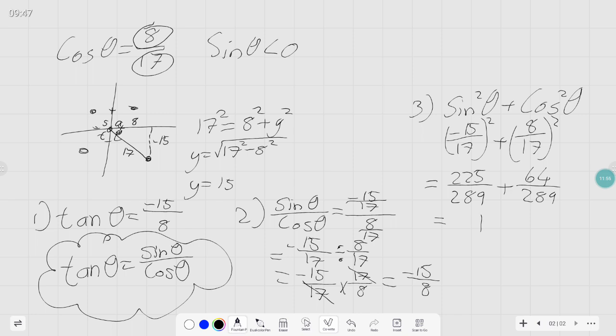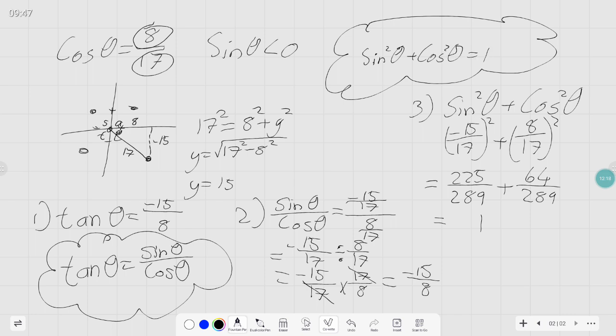So this is our next identity that comes into play. So these are the things we have to learn in grade 11. This identity is known as sine squared theta plus cos squared theta equals 1.